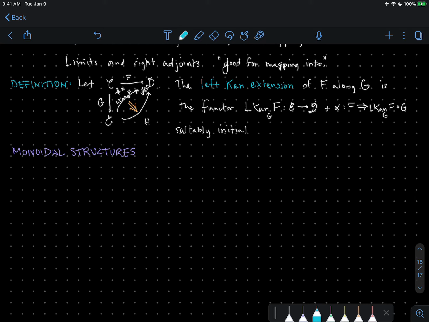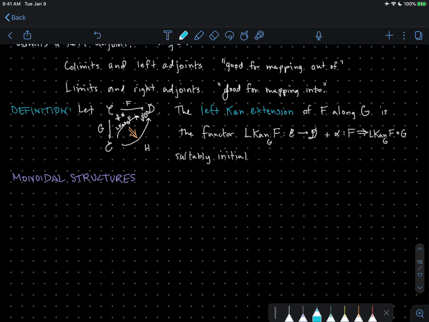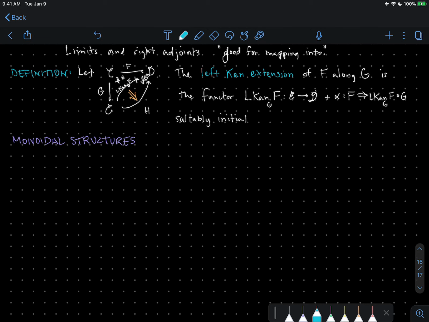For instance, we can take the tensor product of abelian groups or rings. We can take the smash product of pointed spaces. Here's just an extremely rough definition of what a monoidal category is.